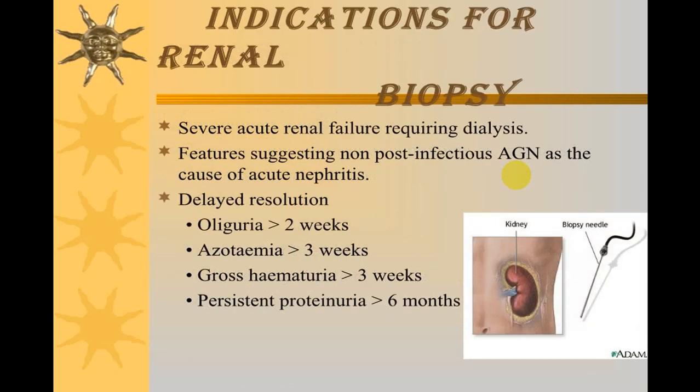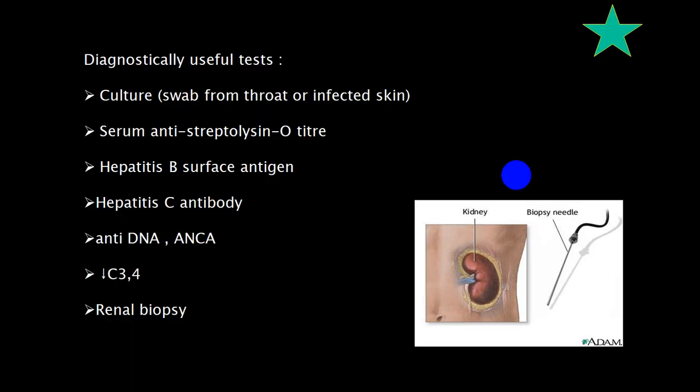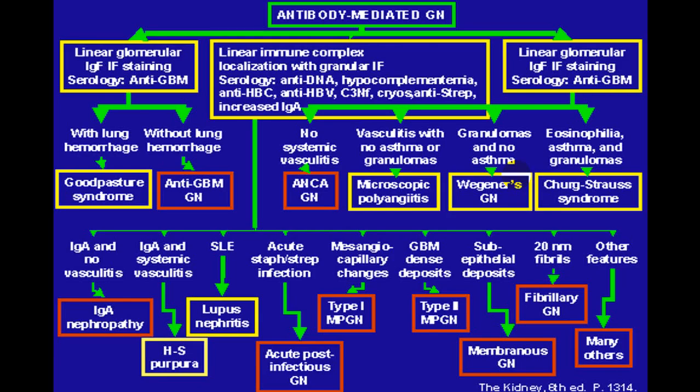Renal biopsy is very useful in acute glomerulonephritis to find out the histopathological groups. This is diagnostically useful for the etiology of acute glomerulonephritis. This is a diagram showing how you approach immune complex disorders affecting the kidney.